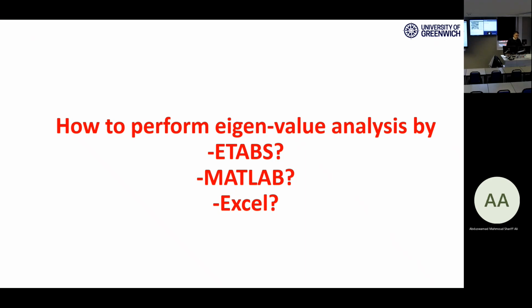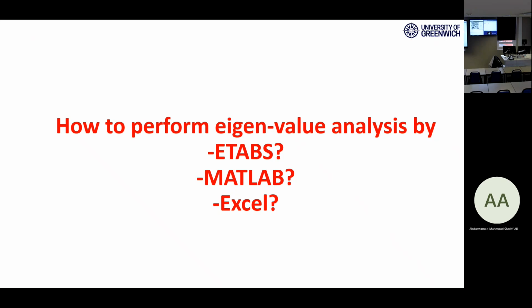For the coursework, I just want to hold this discussion here, because I will go through how to calculate eigenvalues, eigenvectors, T1, T2, T3, phi1, phi2, phi3. Once with ETABS, once with MATLAB or Excel, we can use any of them to calculate eigenvalue analysis.